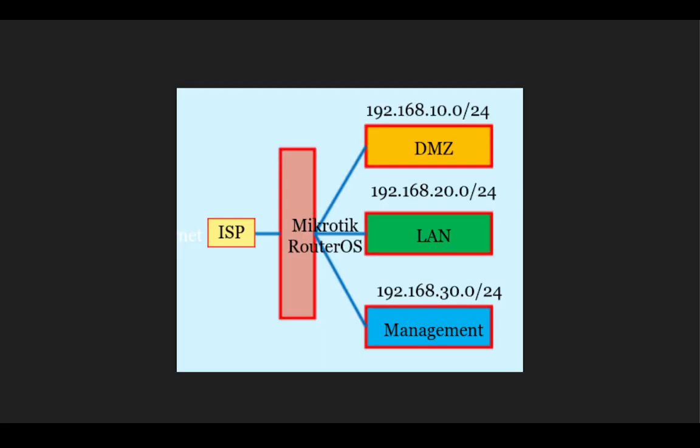This is an example of a network. We have the DMZ, the LAN and the management, and the ISP. We have here the Mikrotik router, which is the firewall and the router. So we have three networks, and we have the firewall. The firewall is connected to the WAN, to the internet. What is the recommendation here?